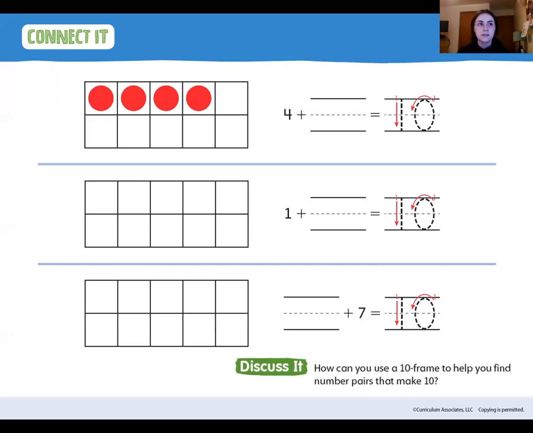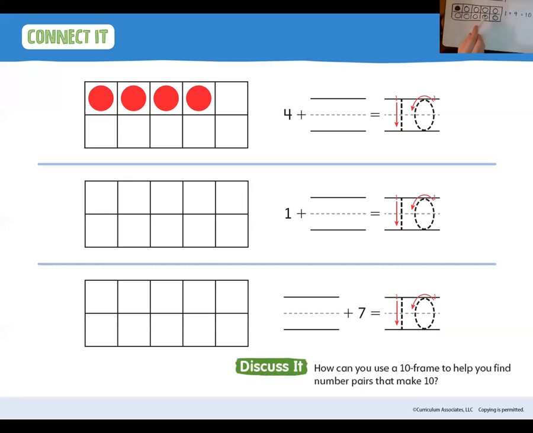Awesome work, you guys. Keep working hard. 1 plus what equals 10? Okay, I'm going to hold mine up, so pause it if you need some more time. But this is what my finished 10 frame looks like. They gave us 1. They told us that 1 plus something was going to equal 10.